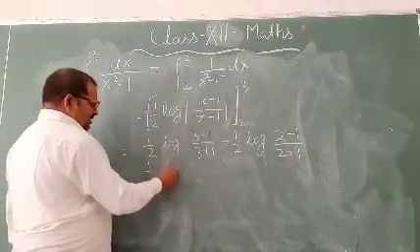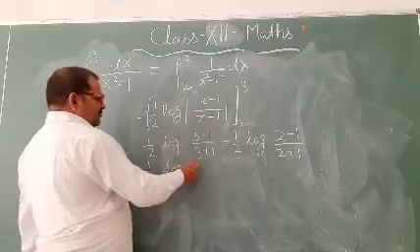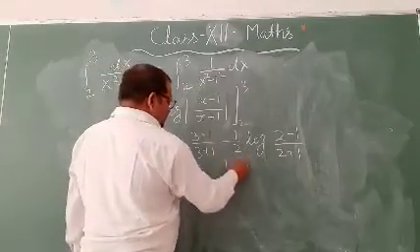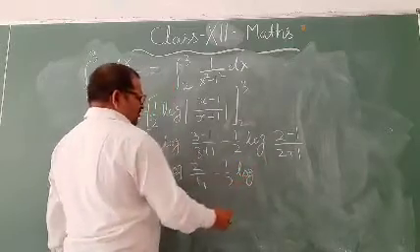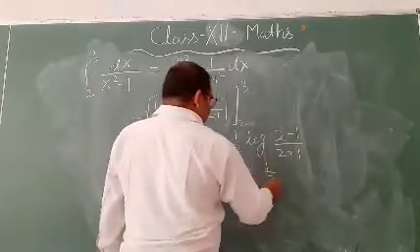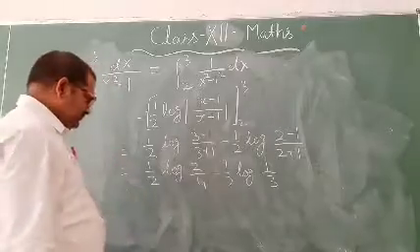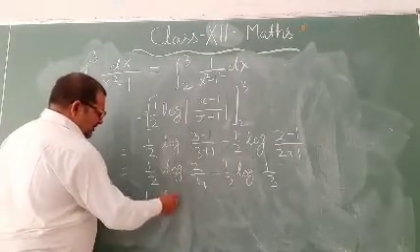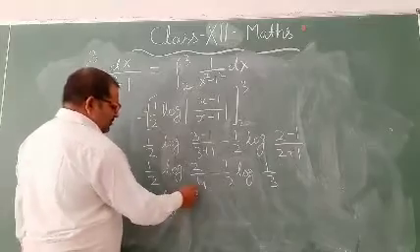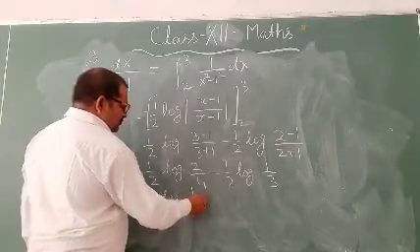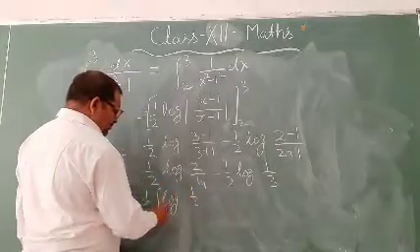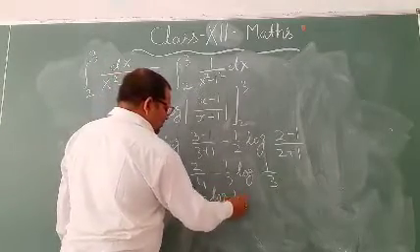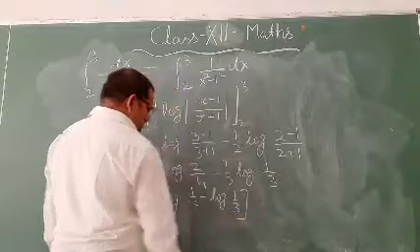That is 1 by 2 log 2 by 4 minus 1 by 2 log 1 by 3. Taking 1 by 2 as common, log 1 by 2 minus log 1 by 3.